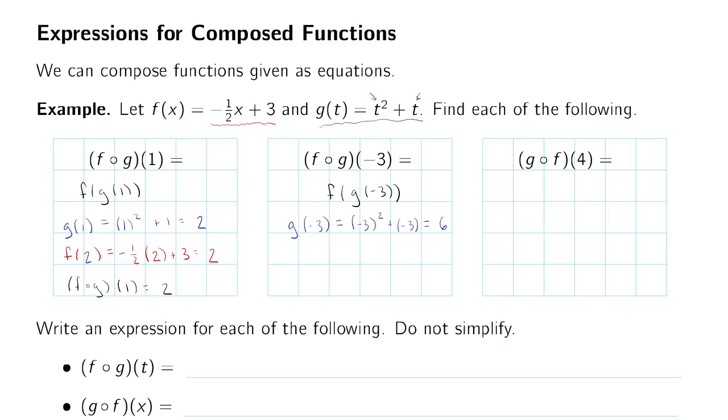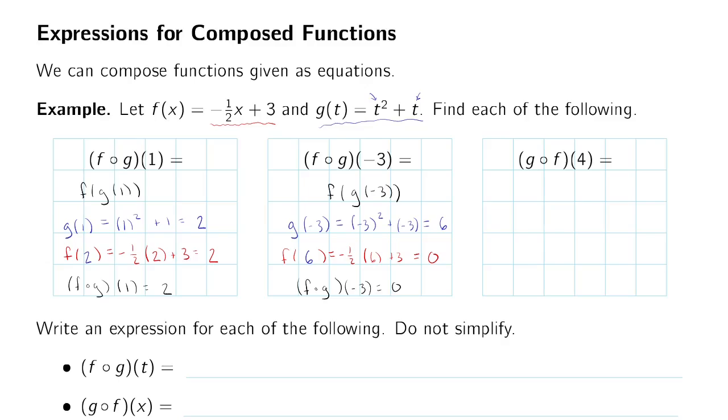And then we'll take f of the 6. That'll be negative a half of 6 plus 3. That's negative 3 plus 3 is 0. F composed with g of negative 3 is 0.